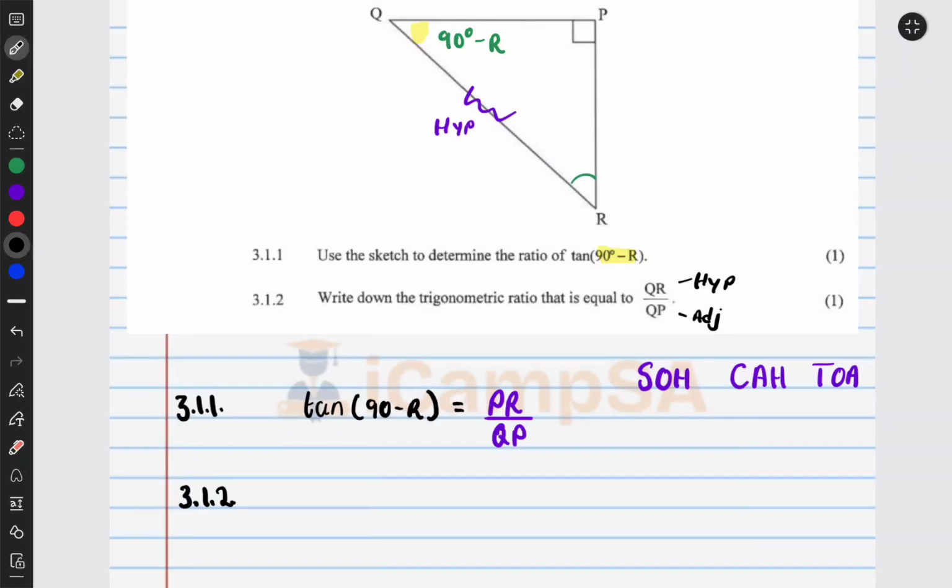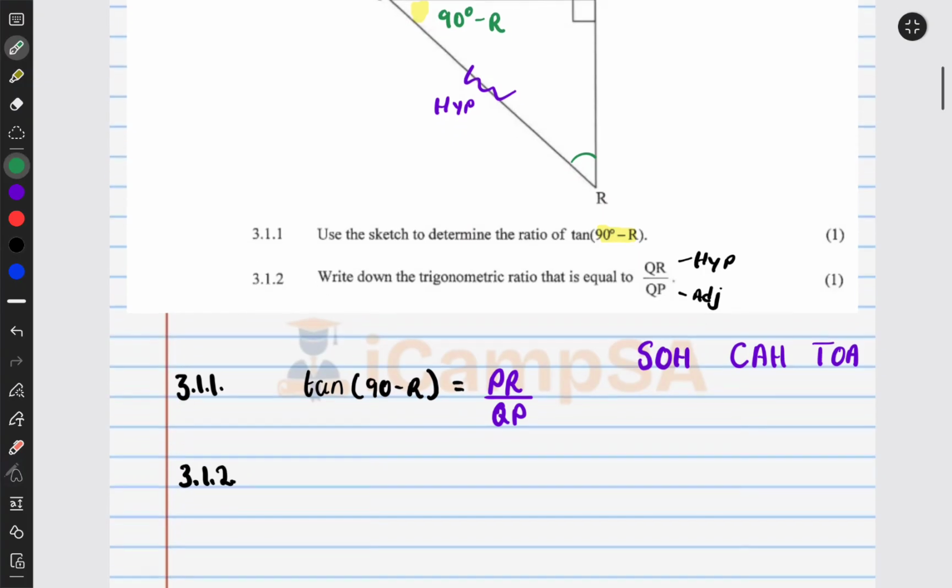So this tells us what? It tells us that we are dealing with the reciprocal. The reciprocal of what? Of cos, because cos is adjacent over hypotenuse. So what is the reciprocal of cos?